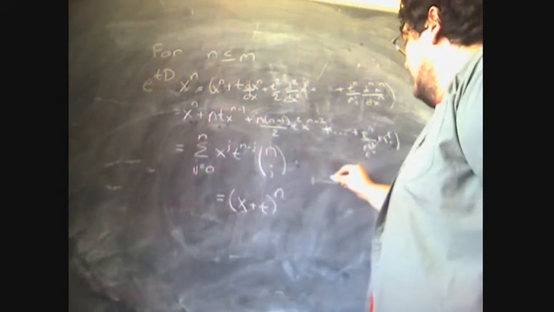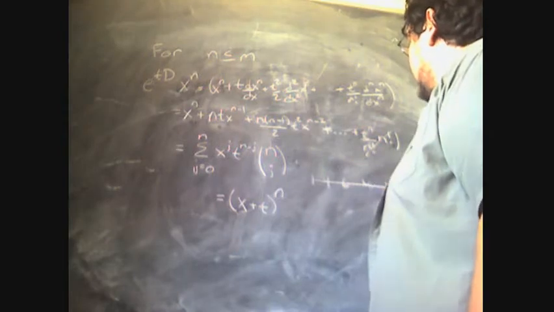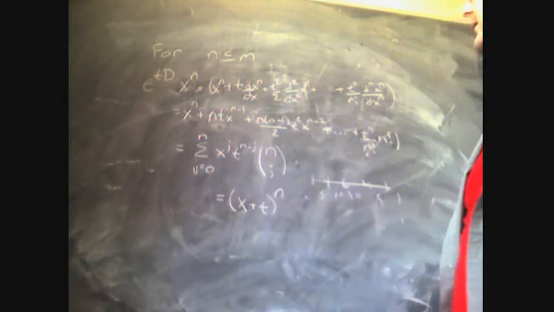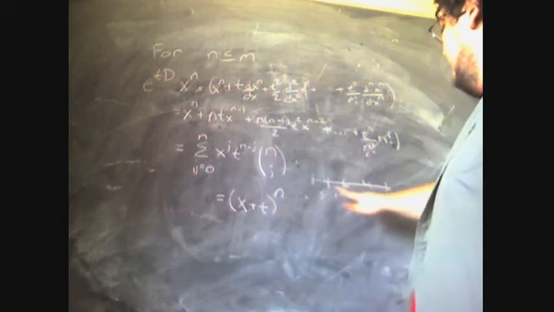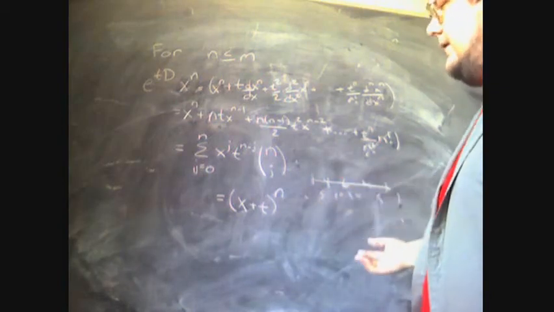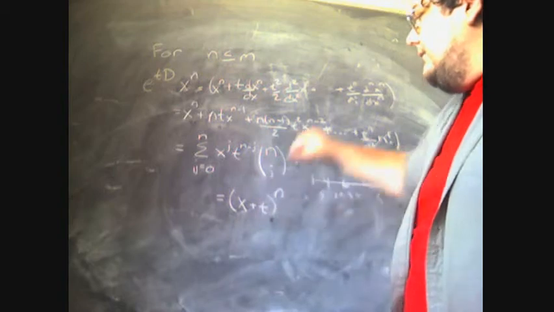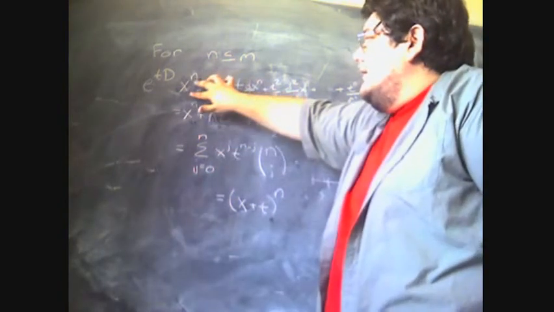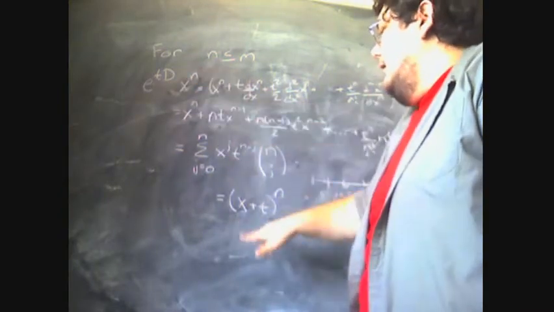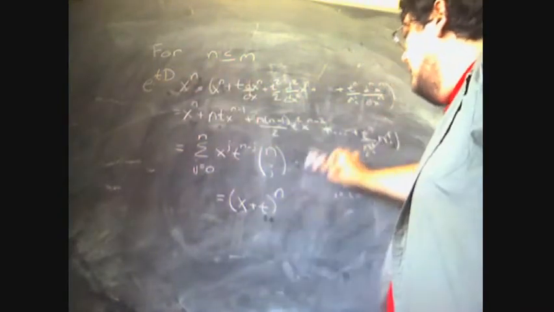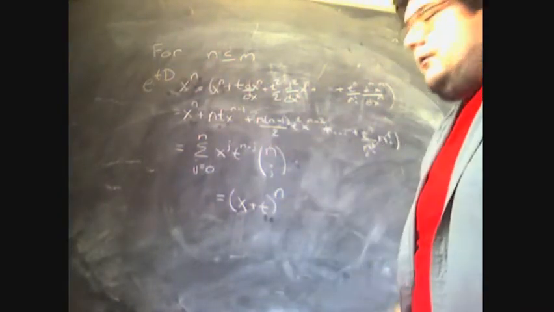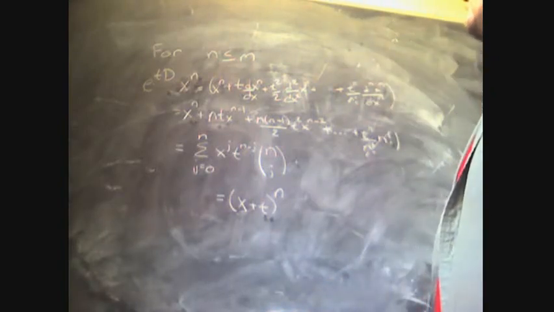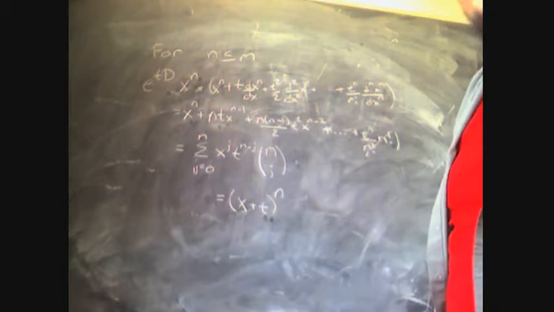You know, where you have like 1, 4, 6, 4, 1, 1, 5, 10, 10, 5, 1, etc. And this can also be used to represent the coefficients of the expansion of x plus t to the n. So since we showed that it worked for one case where we do our operation on x to the n and we get our shift by t, then we know that that'll work for all of our basis values in our polynomial. So there we go.